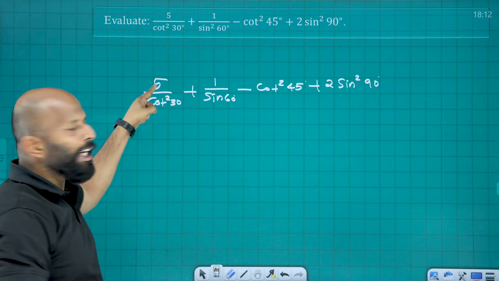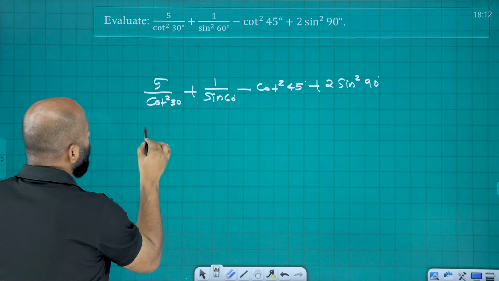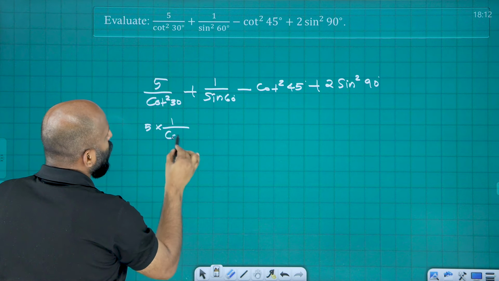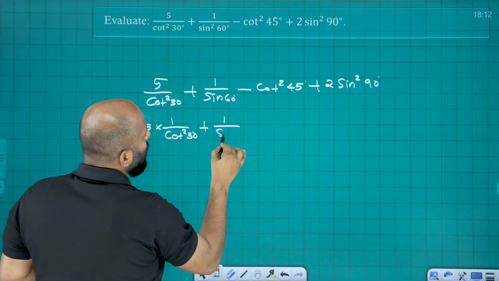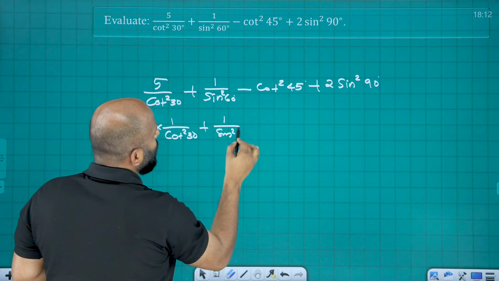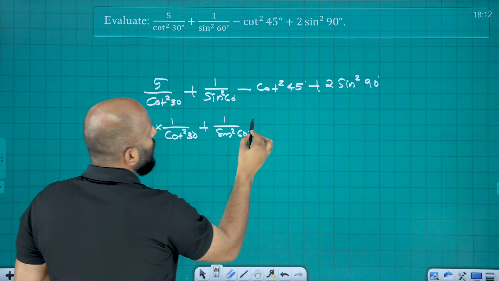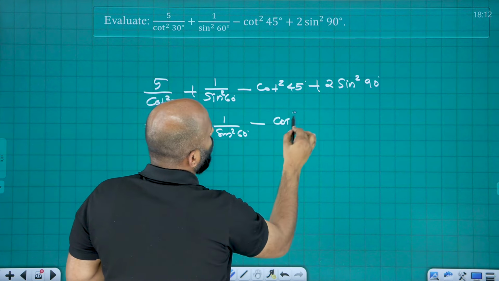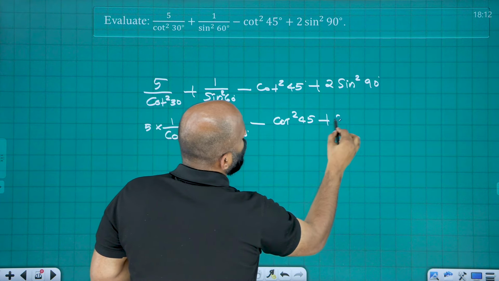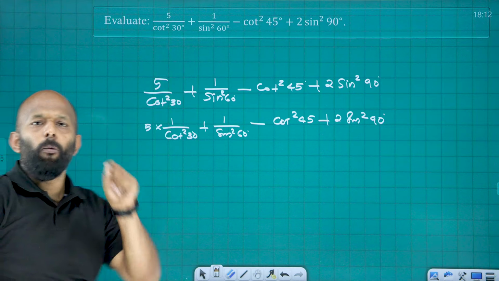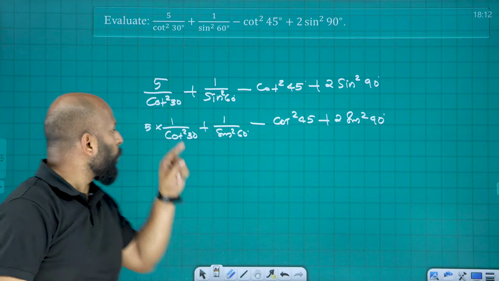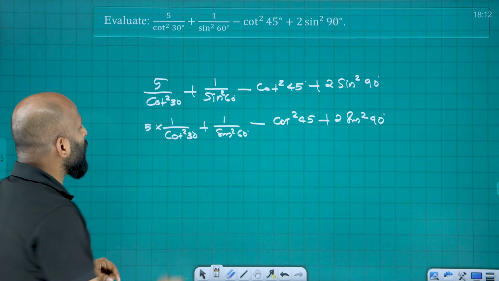Now this one I can write as 5 into 1 divided by cot square 30 degree plus 1 by sin square 60 degree minus cot square 45 degree plus 2 sin square 90 degree. Now what is 1 by cot? 1 by cot is tan. So 1 by cot square becomes tan square 30 degree.